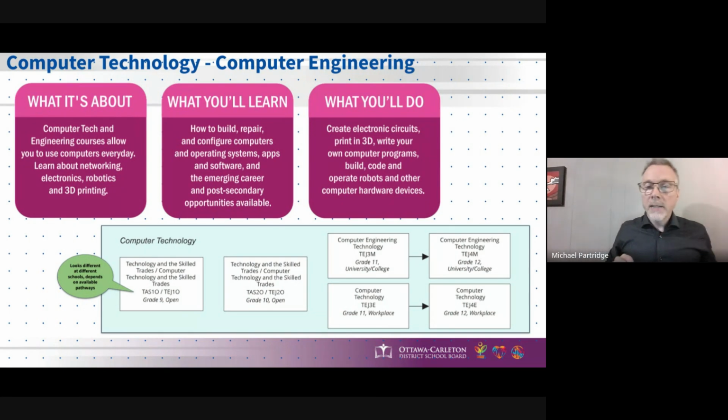They are still hands-on in most cases, where they'll be doing some breadboarding, some programming, some soldering, some small robotics using Arduino or other types of small robotics and coding experiences. And again, grade 9 and 10 normally follow that TAS curriculum. And then in grade 11 and 12 is when you get into the specialized computer engineering type work.